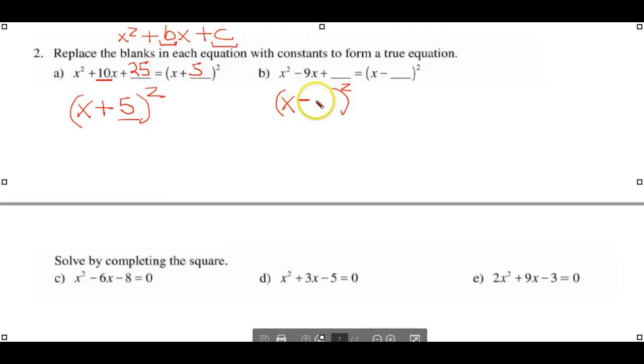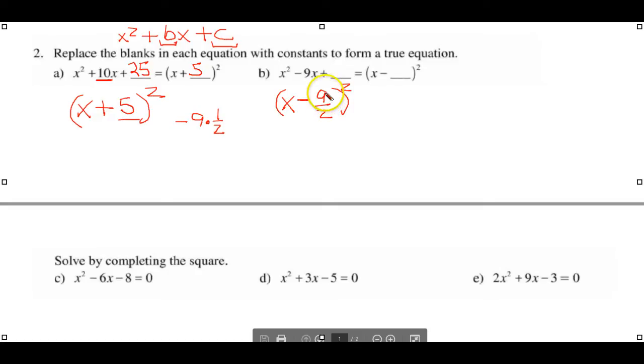This times what was here, and then we doubled it. So we need to multiply a negative 9 by 1/2, or just divide the 9 by 2. So this becomes negative 9/2, which, if we multiplied it, would become 9/2.